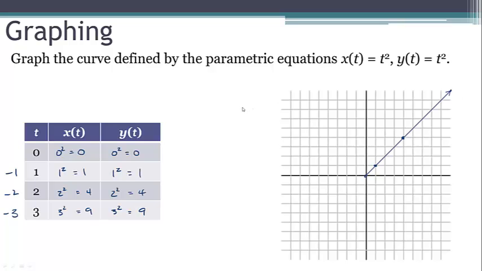So if we think about a particle moving along the graph, it starts outside, comes in to the origin, and then turns around and goes back out along the same linear path.